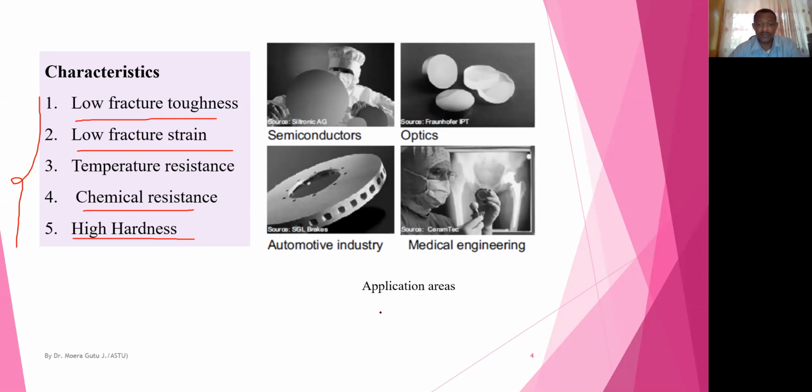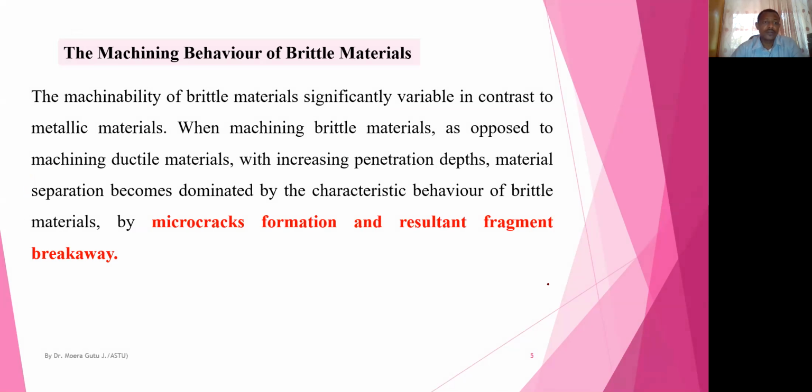And you see the application areas of these hard materials, they have numerous applications where high technologies are applicable, like semiconductor industries, optics, where they can use ceramics, and automotive industries and medical engineering. They have a lot of applications, not restricted to these only.